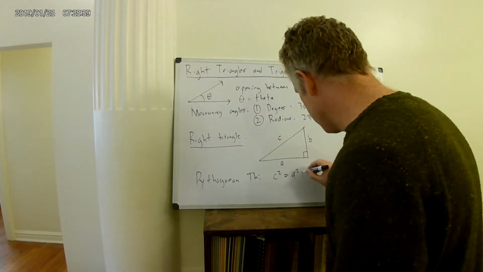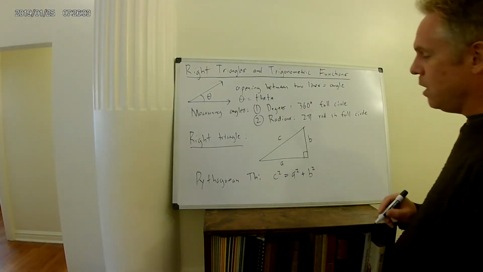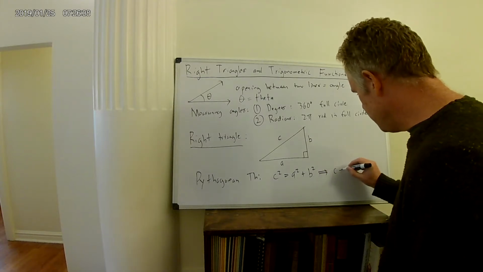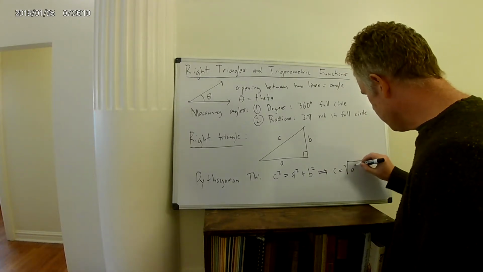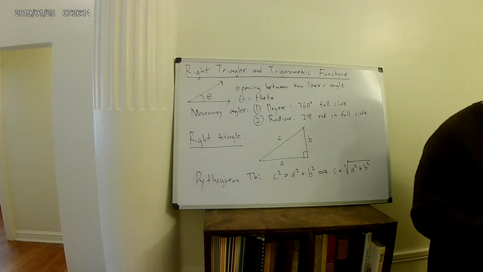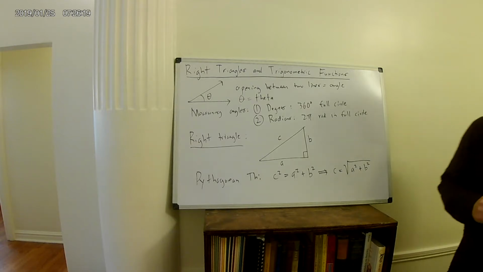So c squared equals a squared plus b squared. If you solve this for c by taking the square root of both sides, you get c equals the square root of a squared plus b squared. So this is a handy relationship between the sides of a right triangle.